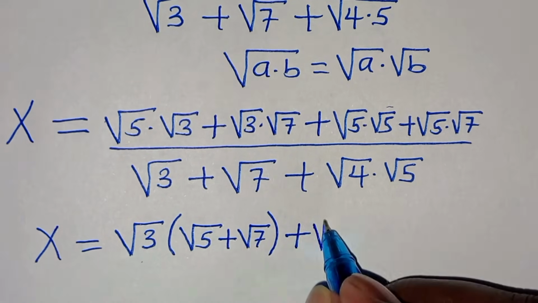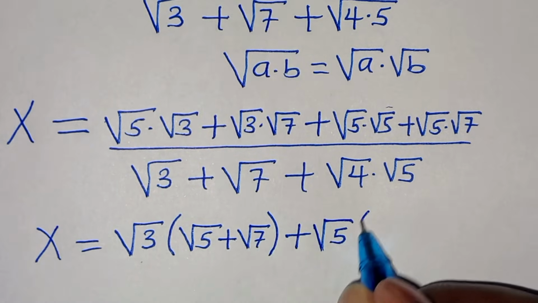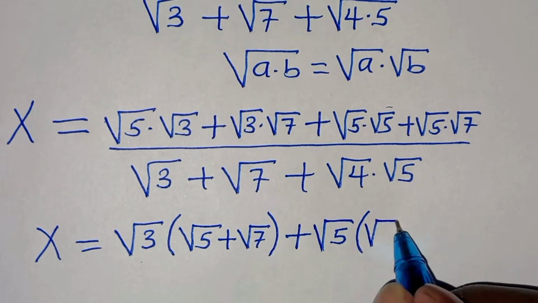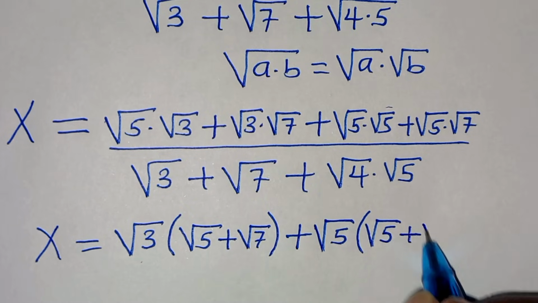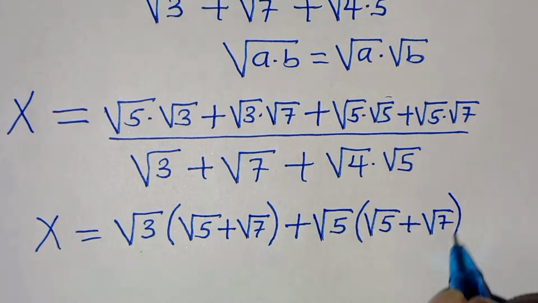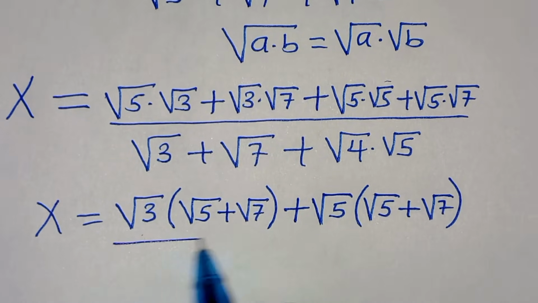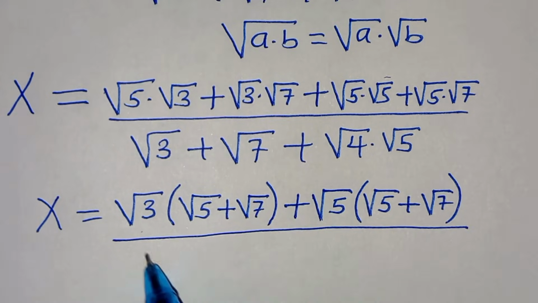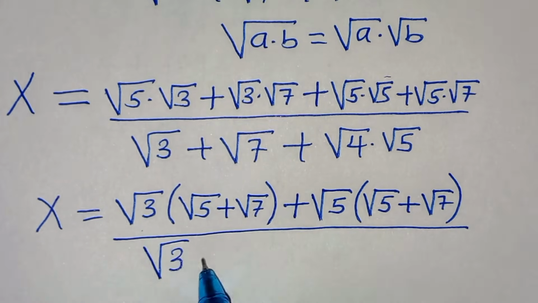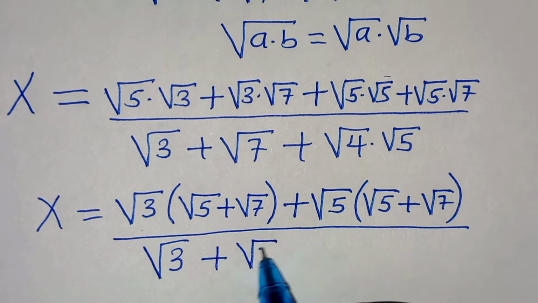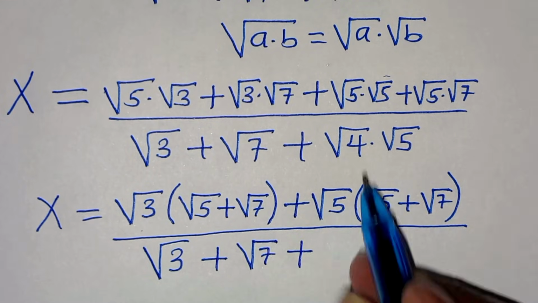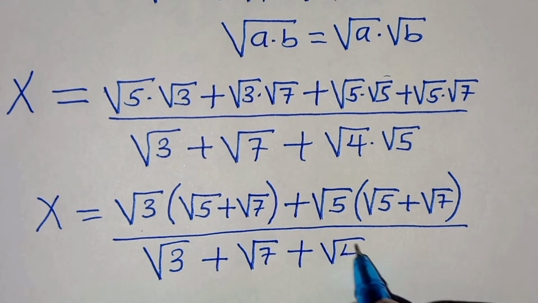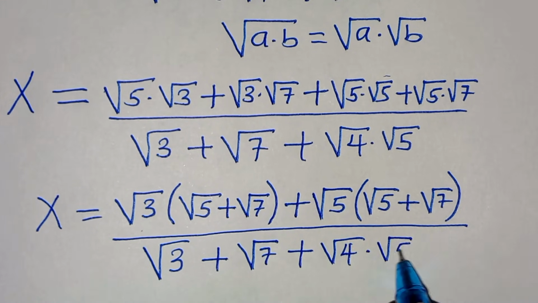So we can factor out square root of 5 into the parentheses. This is square root of 5 plus square root of 7. Close the parentheses. Everything here divided by square root of 3 plus square root of 7, then plus square root of 4 multiplied by square root of 5.